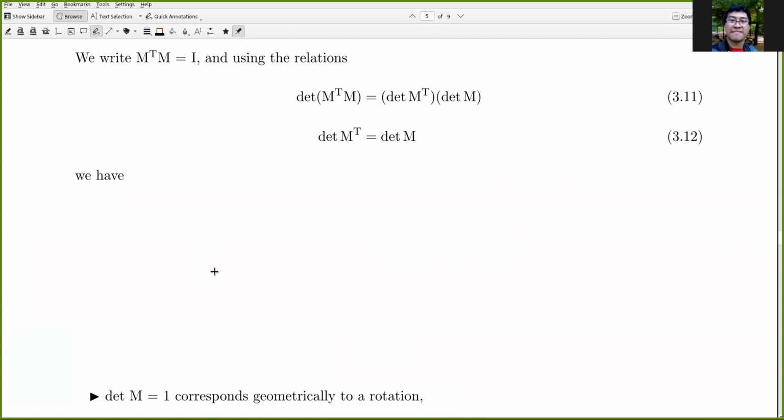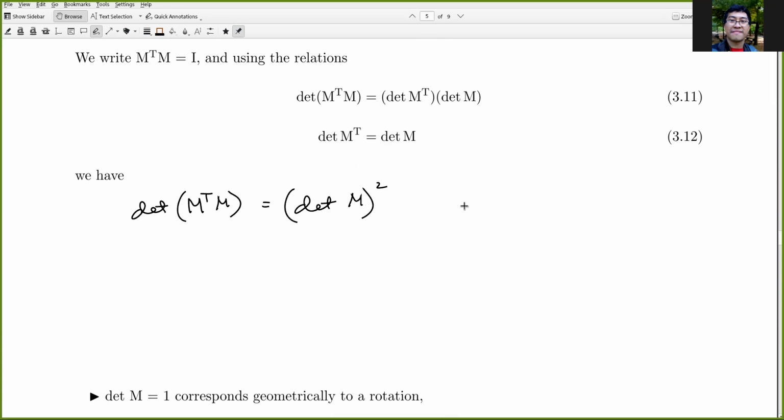So we then have the determinant of M transpose M, that's determinant of M transpose times determinant of M. The determinant of M transpose is just equal to the determinant of M, so you have determinant of M squared.